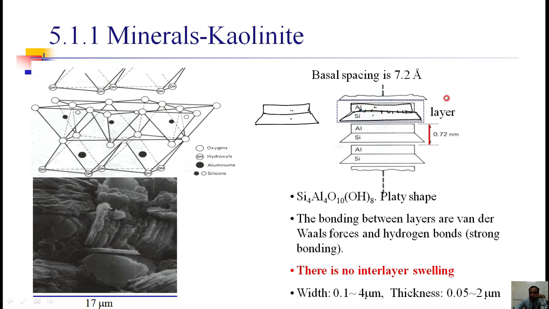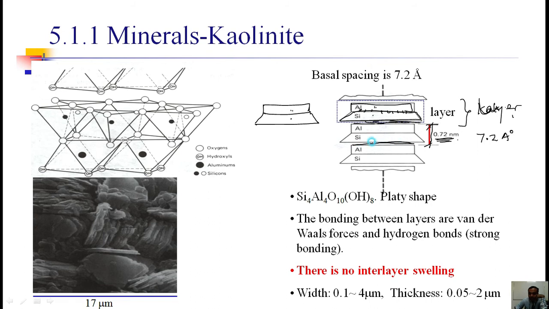Then this is called one unit of kaolinite, or one layer of kaolinite, and its layer size will be somewhat 0.72 nanometer, or you can say 7.2 angstrom. And every unit of this kaolinite will be again bonded with some other unit of kaolinite.